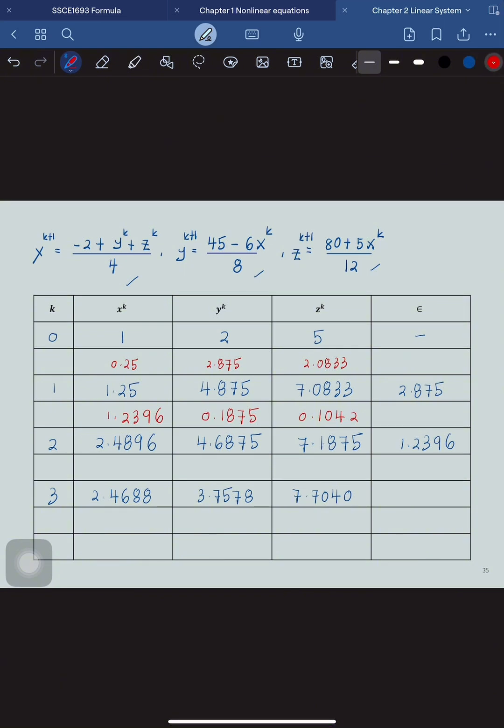So the error is computed, and the maximum is 0.9297. So still you cannot stop.